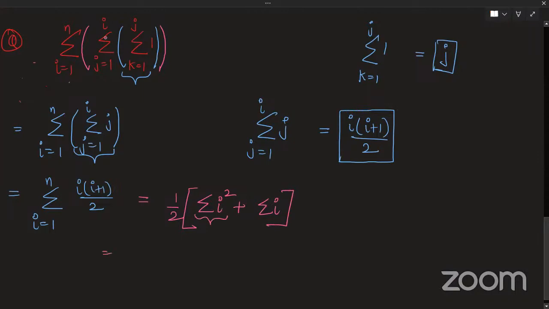What is the sigma of i square from 1 to n? Sum of squares of first n natural numbers. Tell me the direct formula: n into n plus 1 into 2n plus 1 by 6, plus n into n plus 1 by 2. Correct. So this is your final sigma.